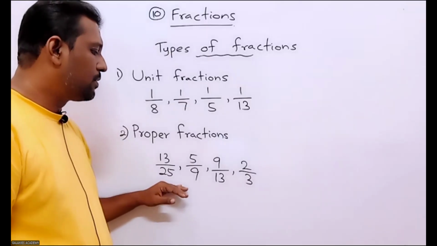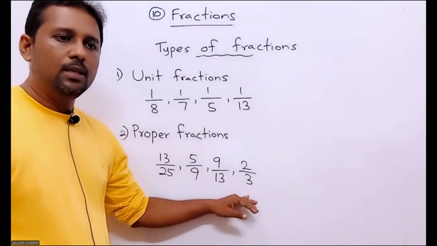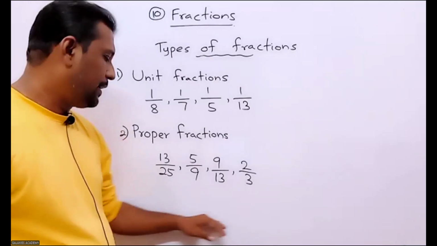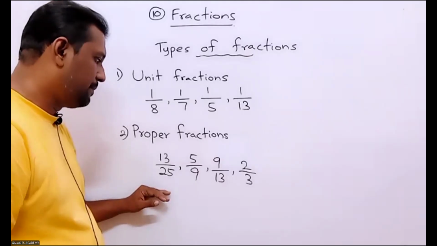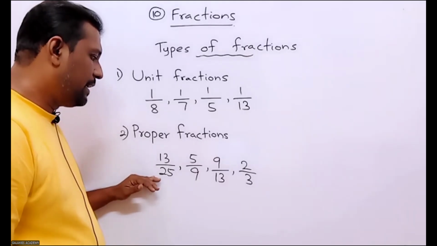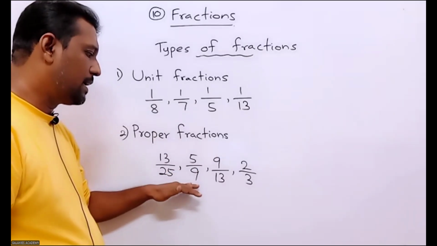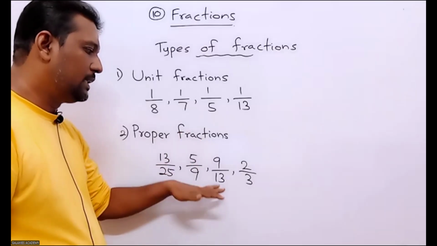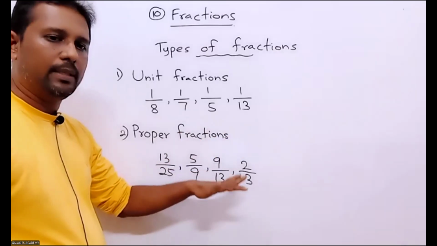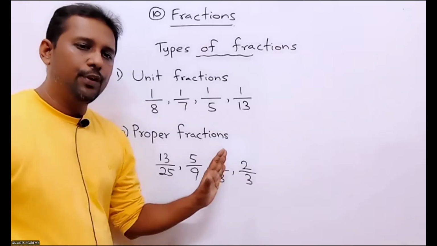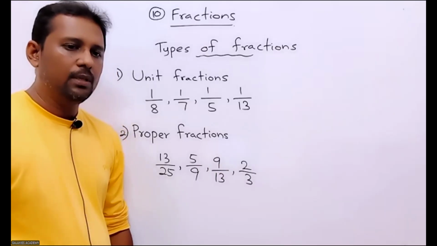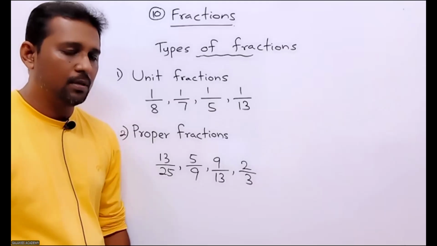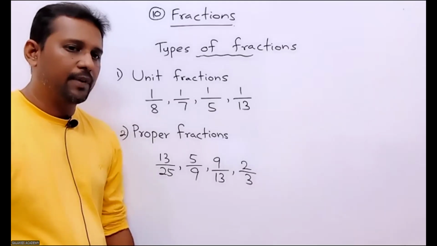Then you can note down a few examples for the proper fractions, right? I wrote here 4 examples: 13 over 25, 5 over 9, 9 over 13, 2 over 3, right? Like that, write down a few examples in your book as the examples for the proper fractions.